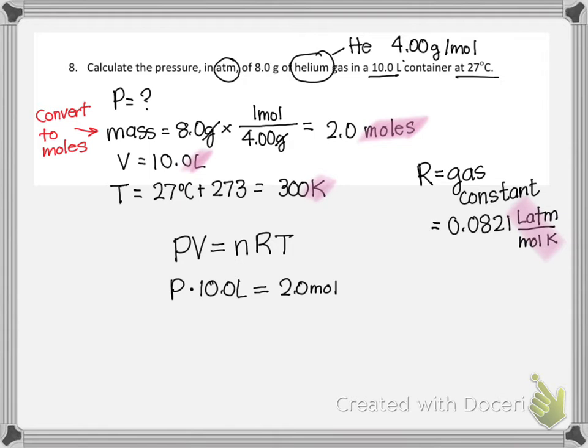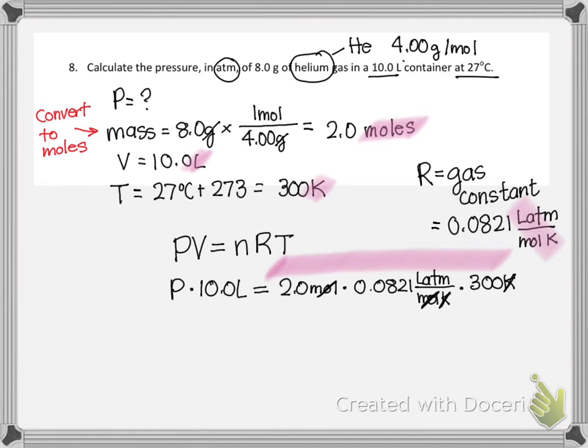Okay, so let's plug in R, 0.0821 liter atmospheres over mole Kelvin, times T, which is 300. Now, if you're trying to get rid of units, K goes away. Moles go away. Here again, we could be different. You may multiply this whole side right here.